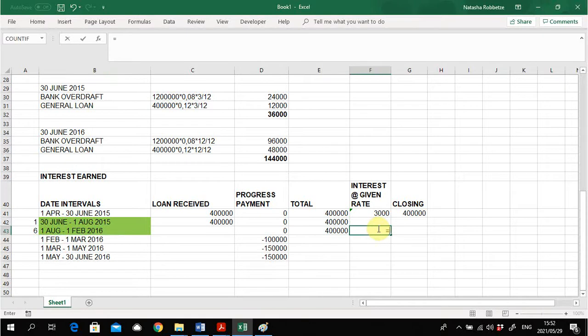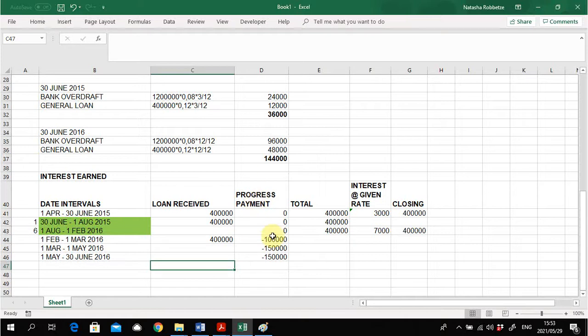So I'm going straight to say it's 400,000 times 3% times both the intervals, which is 7 out of 12. That's 7,000, and here we still have 400,000 left. For this interest earned, I just put these two together because they are in the same financial year. Then for the first payment that will come from my general loan, I'm going to say 400,000.